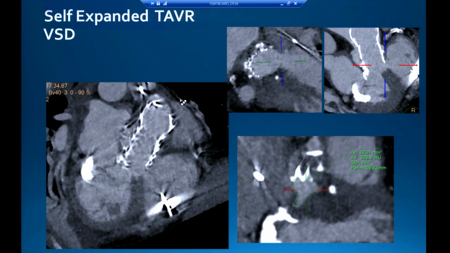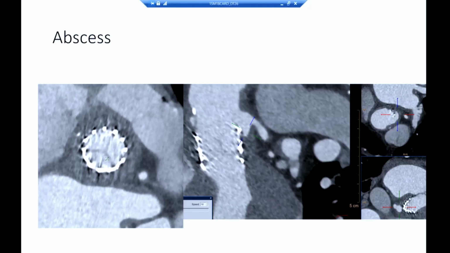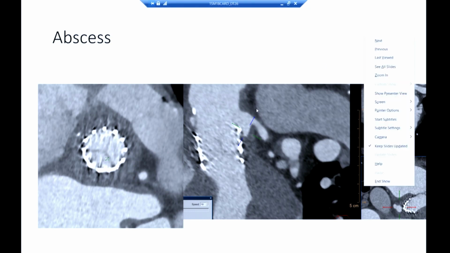If it's a surgical valve and you have a VSD, most likely it's abscess or fistula, but with TAVI, sometimes it could be due to migration or repeated trauma. And this year, we're seeing quite a few cases of TAVI with VSD. So again, this is the abscess that we talked about.